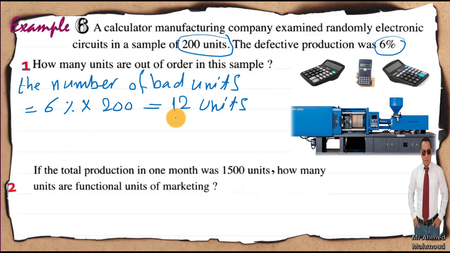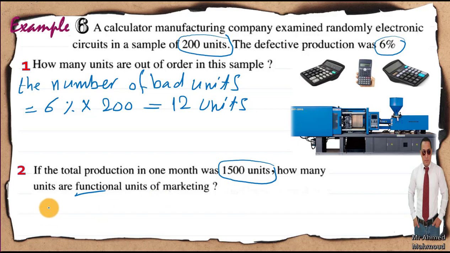Okay, question number 2. If the total production in a month equal 1,500 units, this is the total production, not a sample. How many units functional? Functional means good units, of marketing.